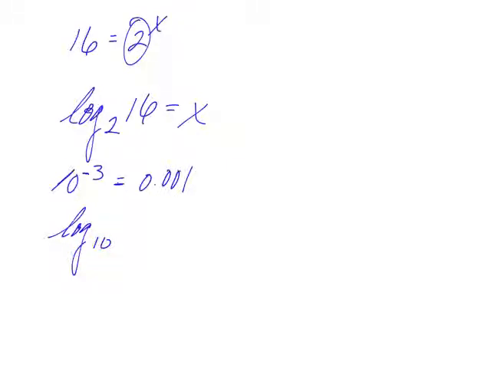It's kind of like when you have 1x, you don't write the 1 in front of the x. If there's not a number down here, it's assumed to be a 10. But for right now, let's go ahead and leave it there. And that equals, I'm getting a little bit ahead of myself.